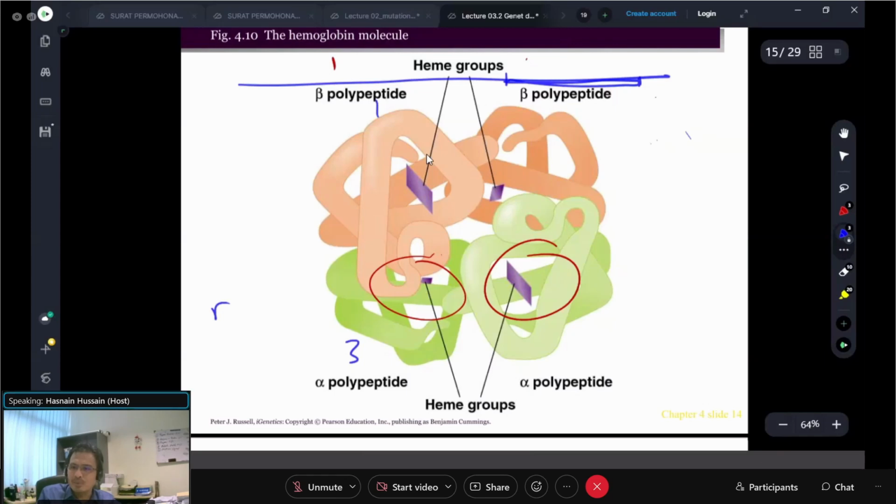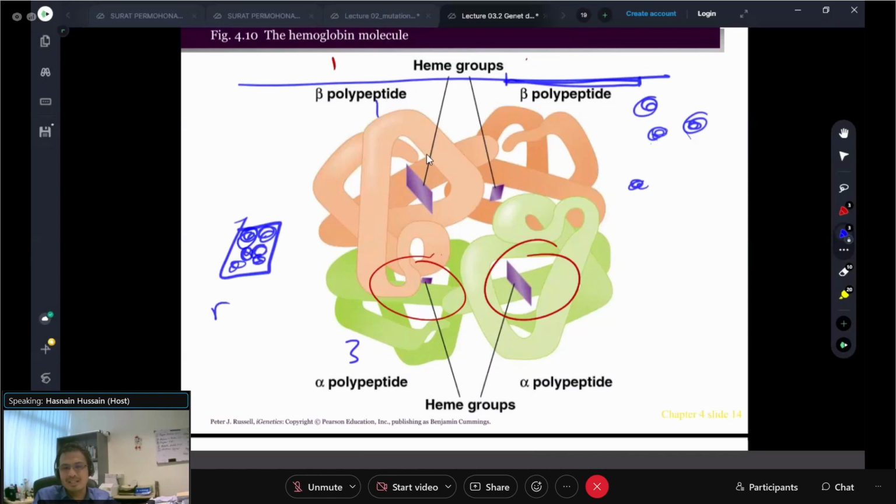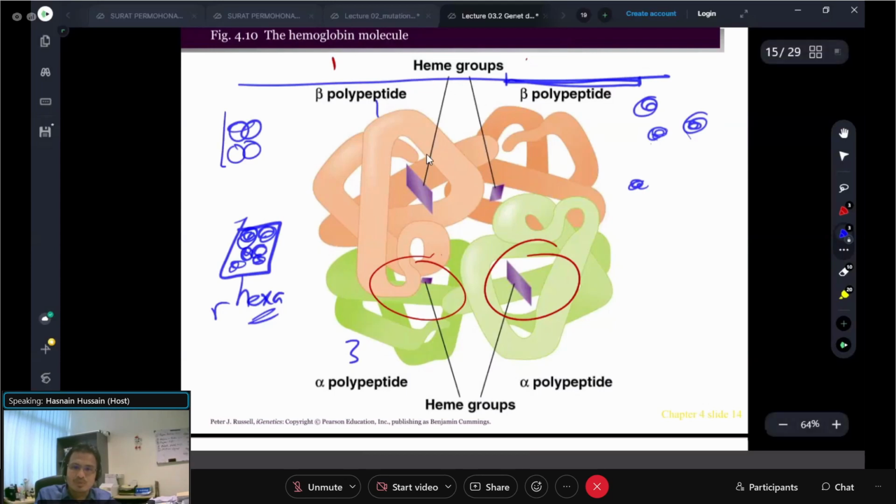They produce the same protein, but when they want to function, they need, for example, six of the same protein to produce one functional protein. This one is a hexamer, and some other proteins require four of the same to form a functional protein. That one is a tetramer.